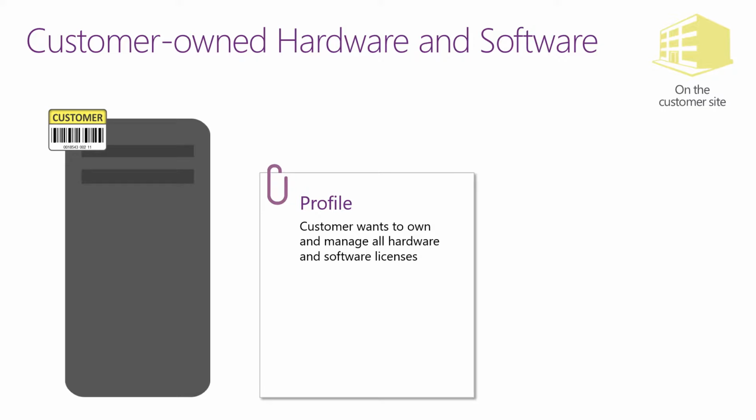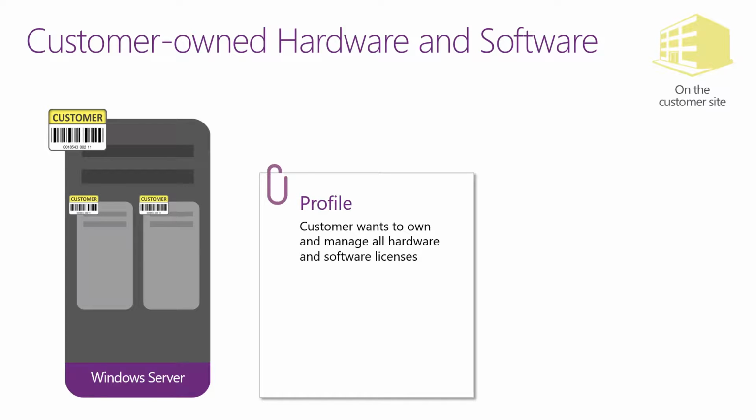This server is running Windows Server in the physical operating system environment, and there are 2 virtual machines running, which are obviously going to be used for the benefit of the customer. And again, you can see the asset tags representing that. And these virtual servers are also going to be running Windows Server.